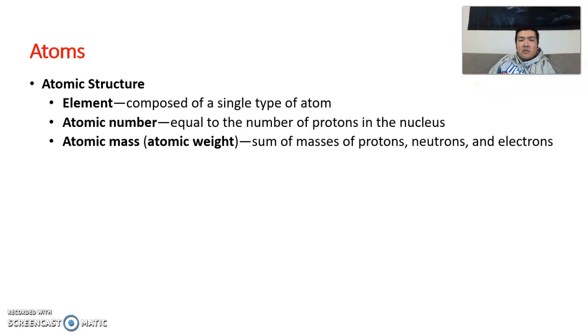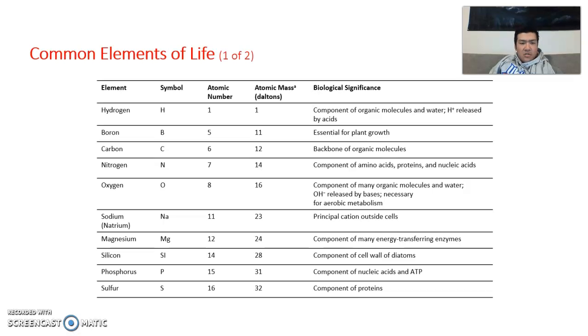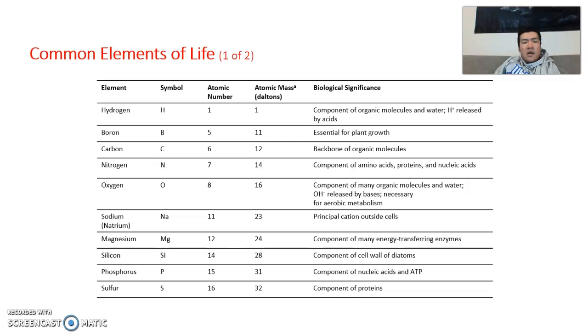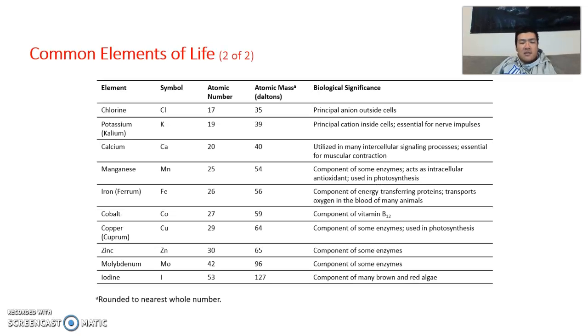Electrons are not included here just because they are extremely light. Here are just a couple of common elements we use, specifically within the field of geology, such as iron. You've got hydrogen, nitrogen, oxygen, as well as silicon and magnesium in there.